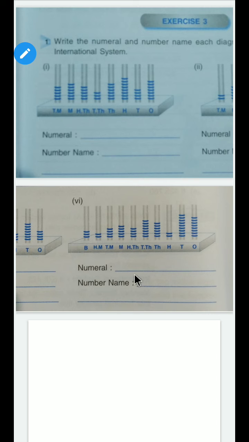So in billion room there is given 3. Then in 100 million place there is given 2. In 10 million place there is given 4. And in million place there is given 1, 2, 3, 4, 5. So one type of room is covered. That's why you have to put here one comma.